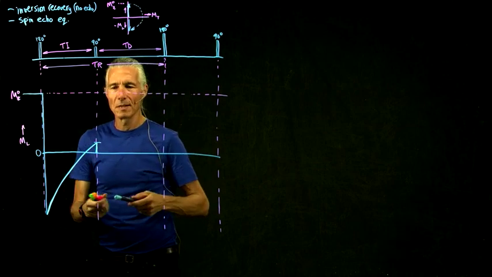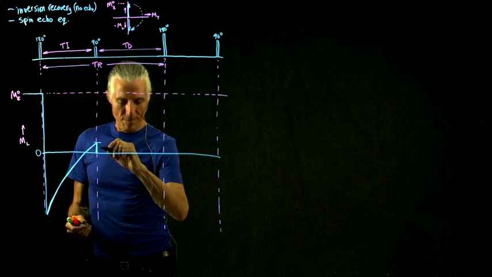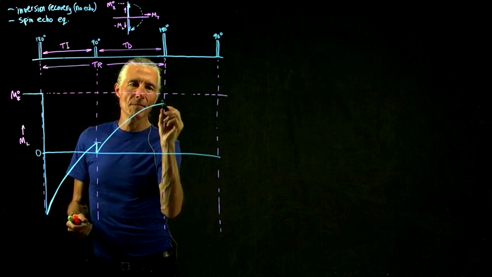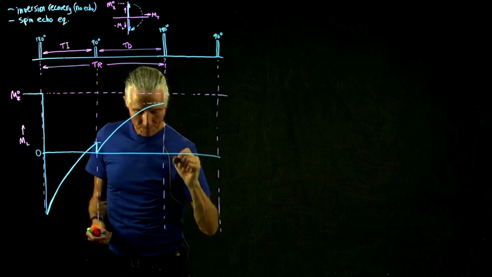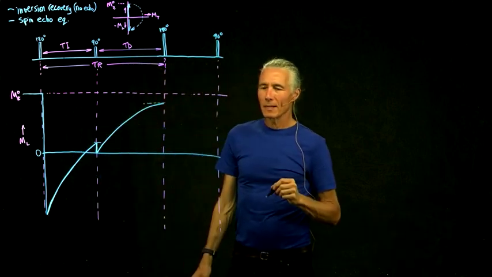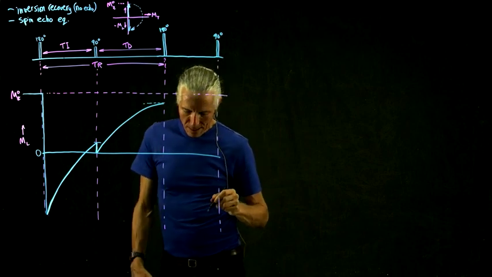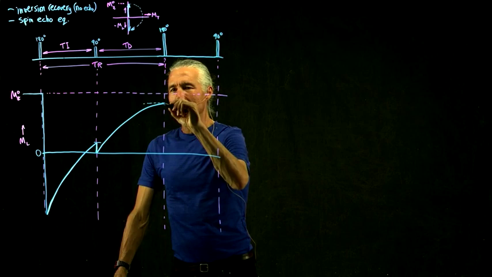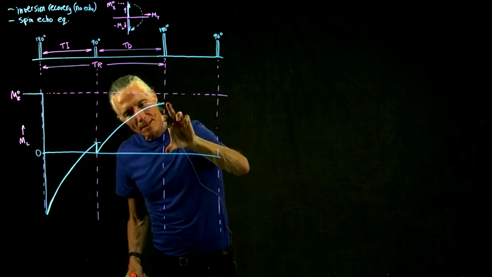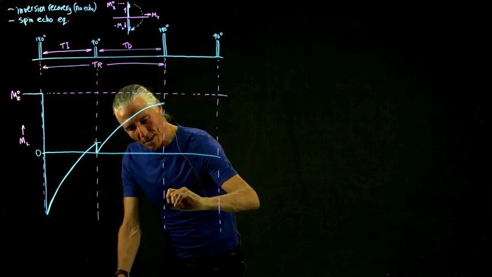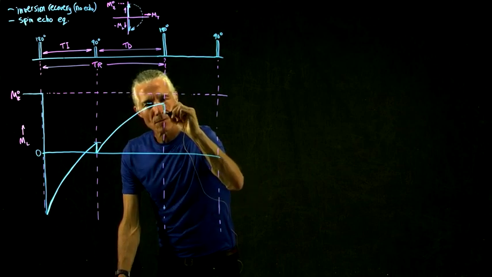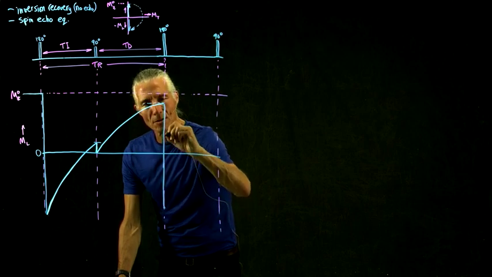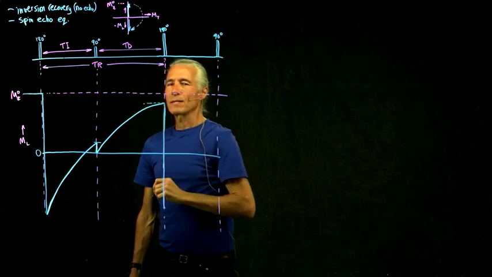So now we recover up to say here, and now we do another 180, and so now this is going to be different. It won't go down to where it was. It will flip the amount that we've got now, but that's less than the total amount that we started with.